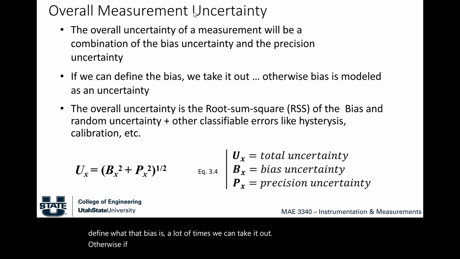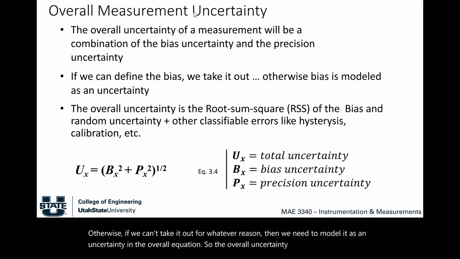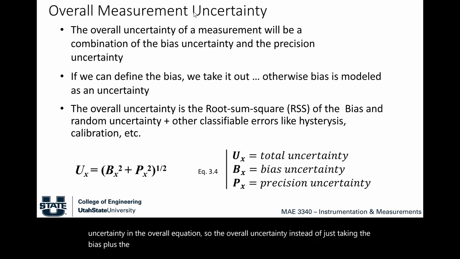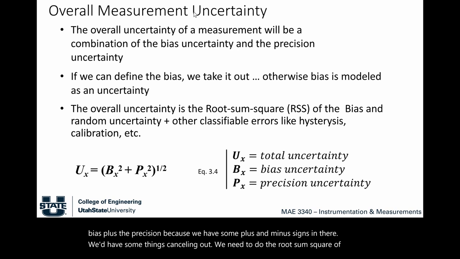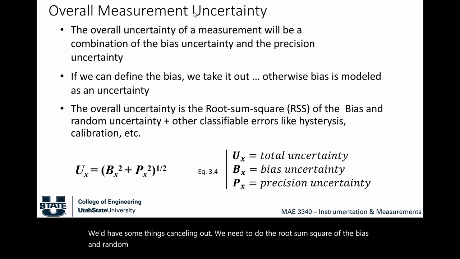Otherwise, if we can't take it out for whatever reason, then we need to model it as an uncertainty in the overall equation. So for the overall uncertainty, instead of just taking the bias plus the precision, because we have some plus and minus signs in there, we'd have some things canceling out. We need to do the root sum square of the bias and random uncertainty and other classifiable errors like hysteresis and calibration and others.